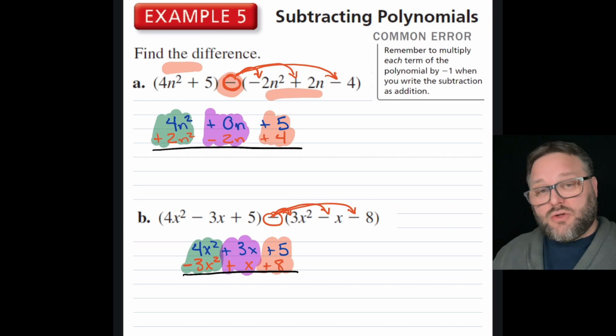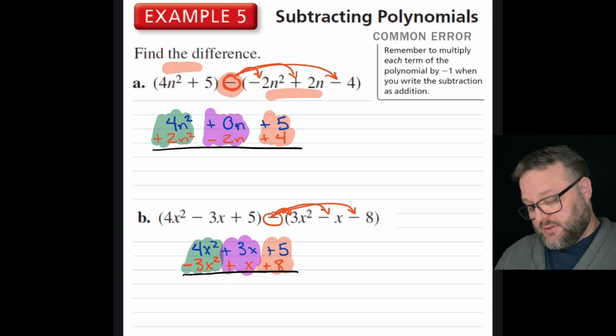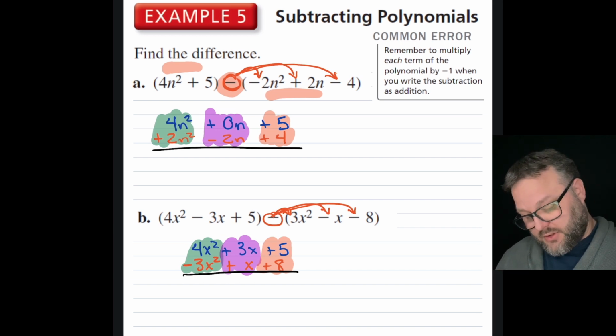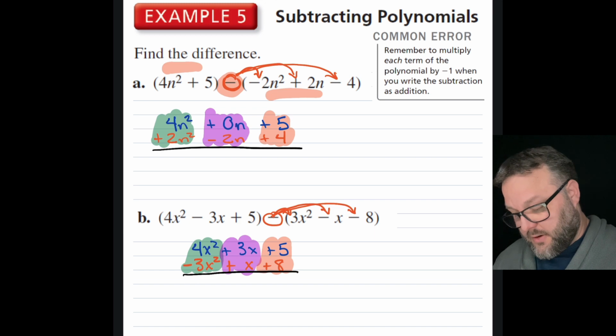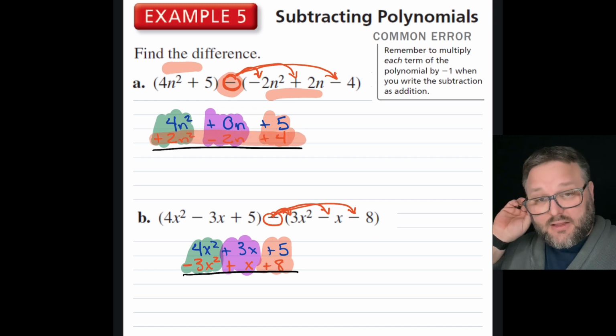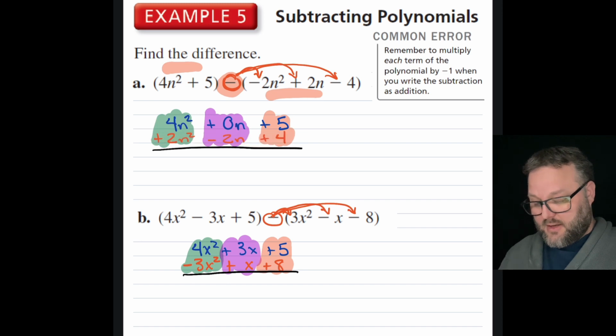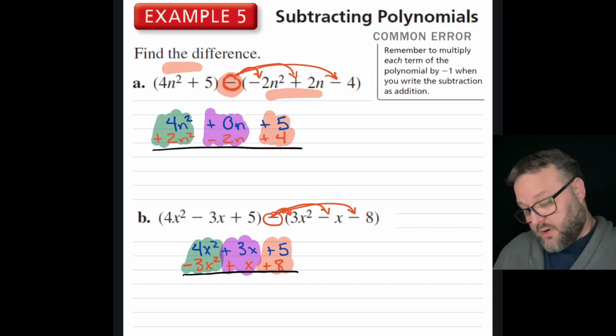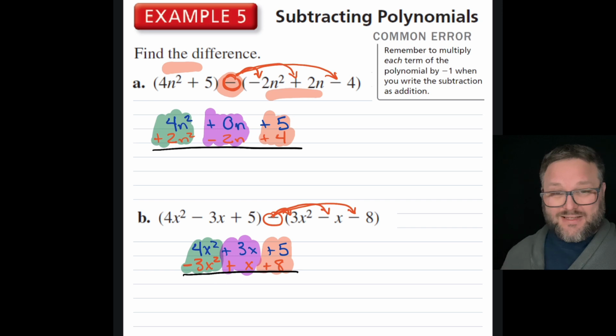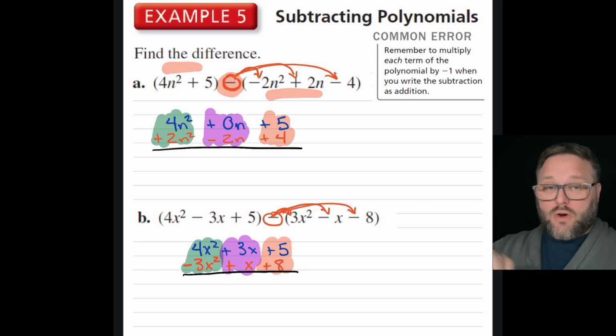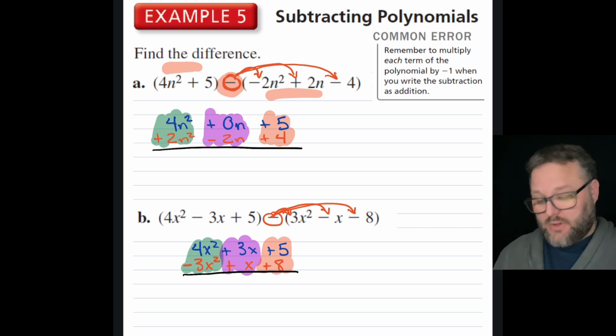Now, when I do all of those changes, I get what's in orange down here. There we go. All of the second line there is what came from distributing that negative. So now I just have to work it. Now I have 4n squareds and 2n squareds.